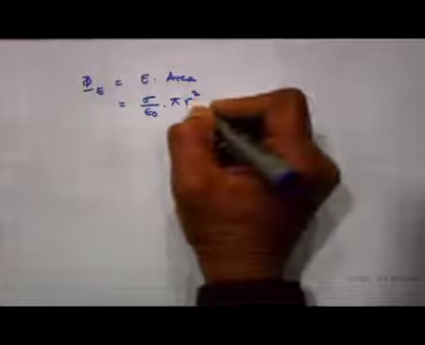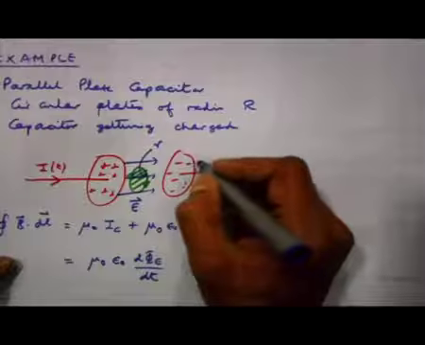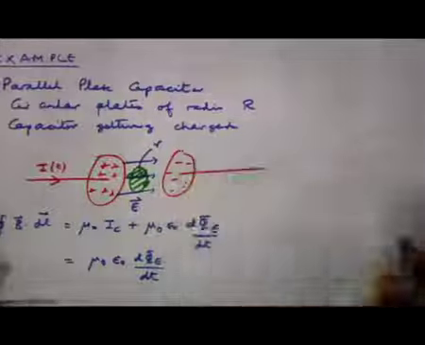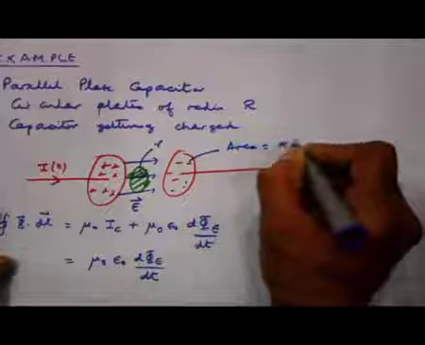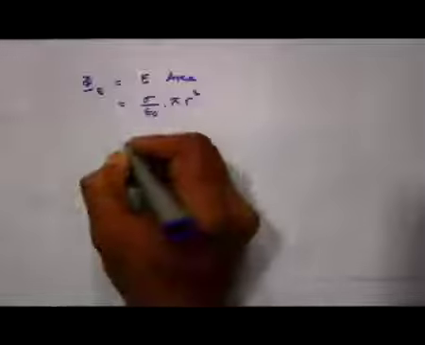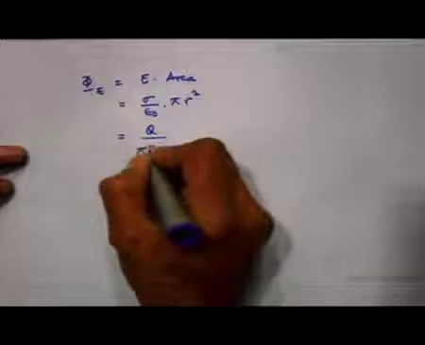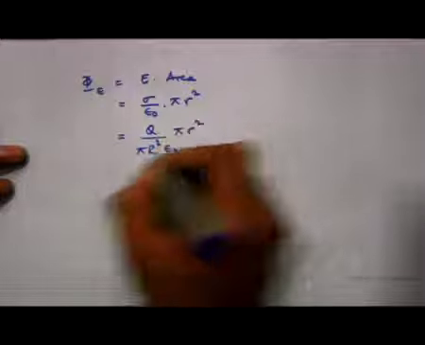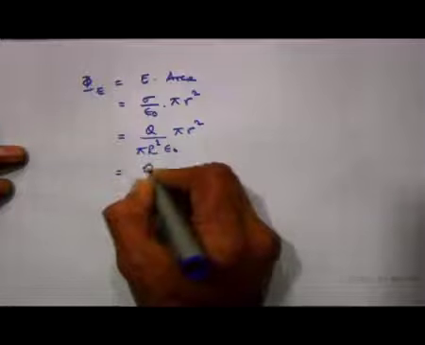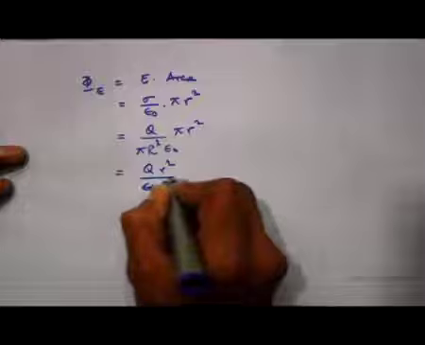And what is sigma? The plates have a radius r, so the area is equal to pi r square. So, this is equal to q by pi r square epsilon 0 into pi r square, which is equal to q r square by epsilon 0 r square.